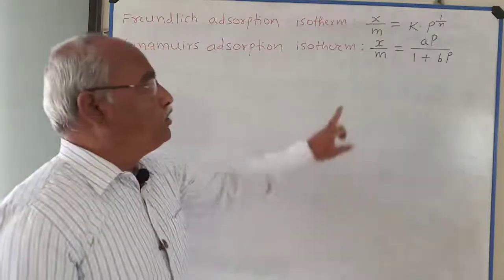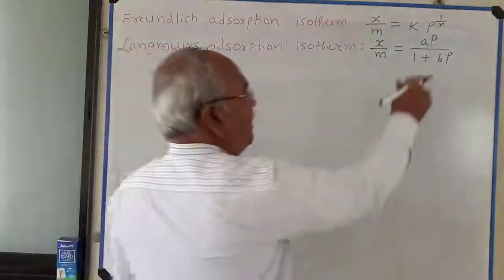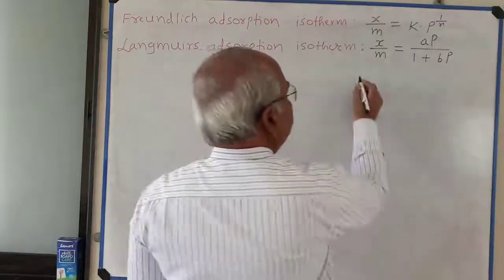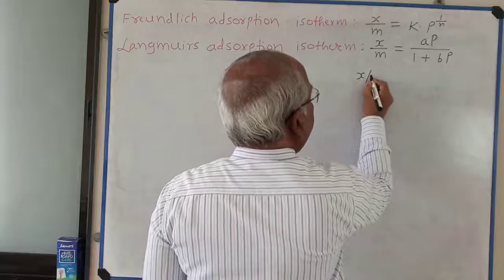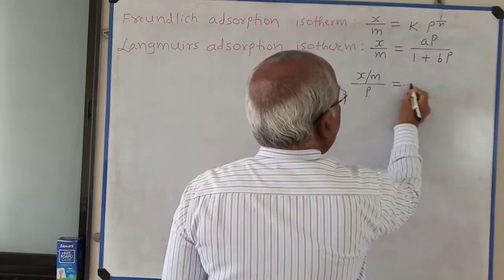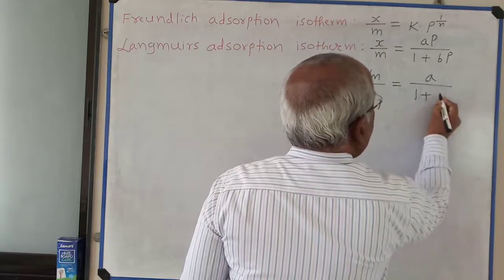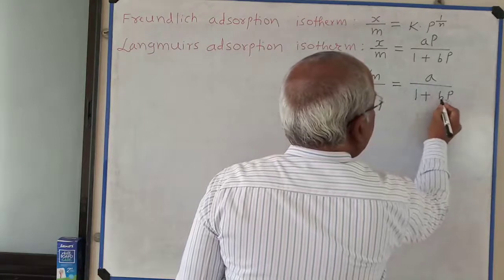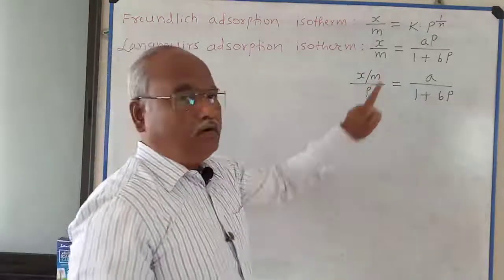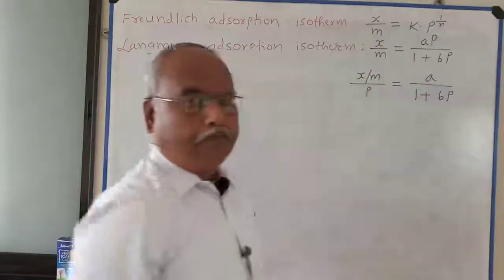I am going to rearrange this equation. I take this P on the left hand side. The equation becomes x upon m divided by P is equal to A divided by 1 plus BP. So remember, I wrote this equation by taking P on the left hand side.